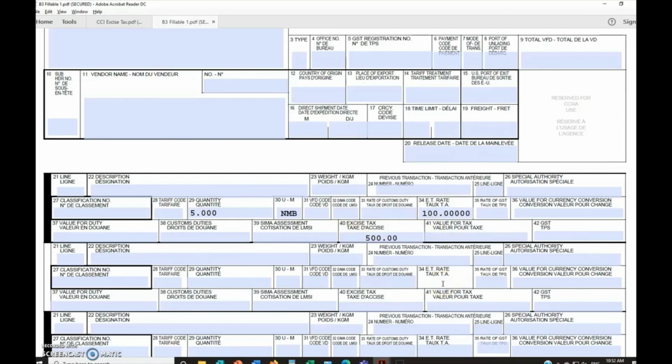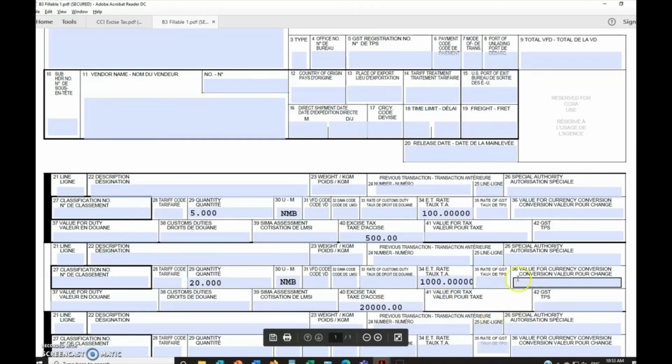If the excise tax rate is $1,000 because they're fuel inefficient cars, and we've got 20 cars, you will multiply the excise tax rate of $1,000 by 20 cars. That means the excise tax is $20,000.